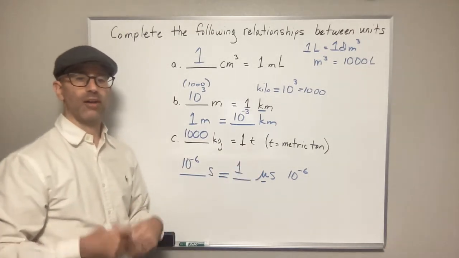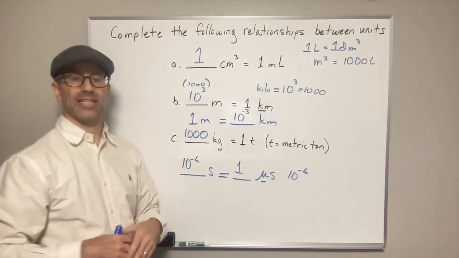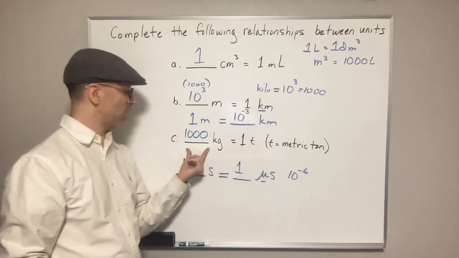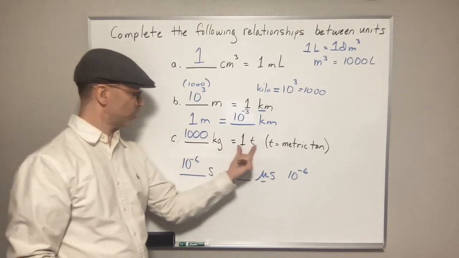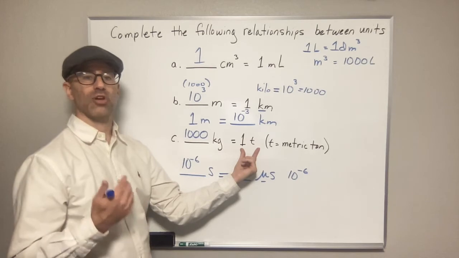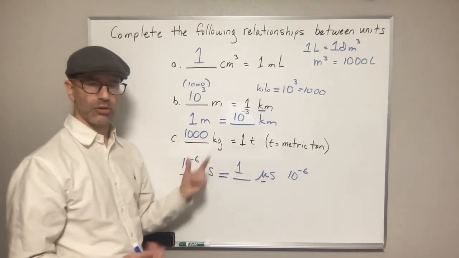If you know the English ton, 1 ton is 2,000 pounds. A metric ton is 1,000 kilograms. So we're in the metric units here, so this would be a metric ton, not an English ton. English ton is 2,000 pounds. A metric ton is 1,000 kilograms.